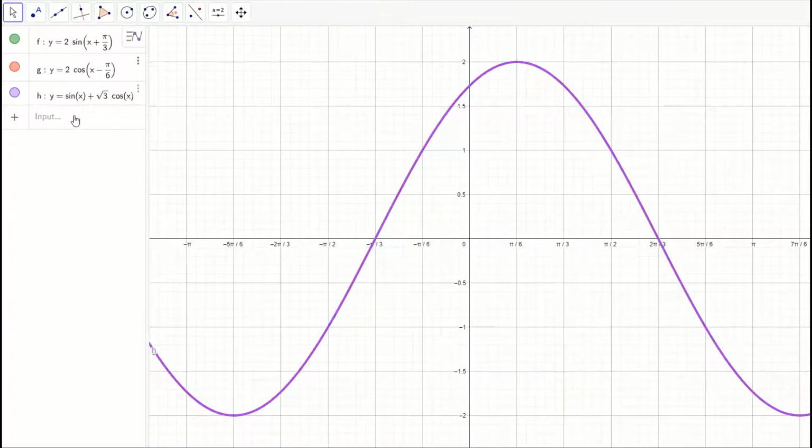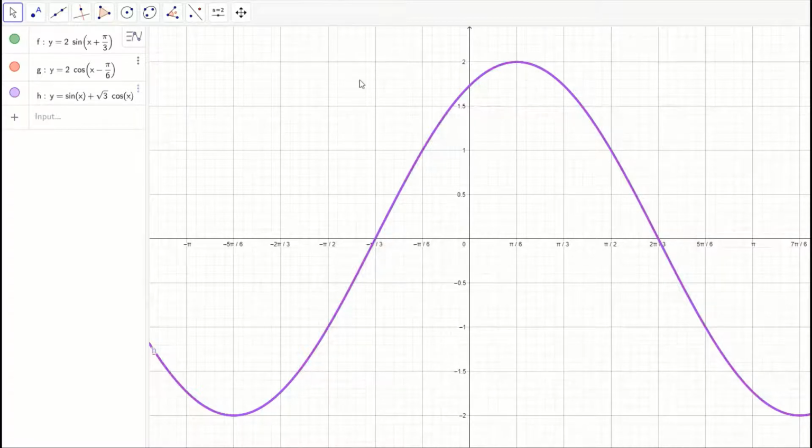So although it looks as though this curve is either just some transformation of a sine curve or some transformation of a cosine curve, it can also be represented as the sum of sines and cosines as well, which is quite surprising. And that's what we're going to get into now.